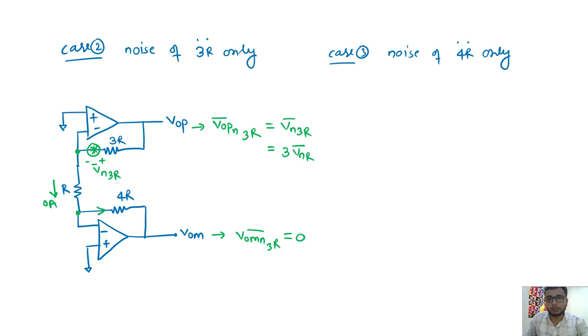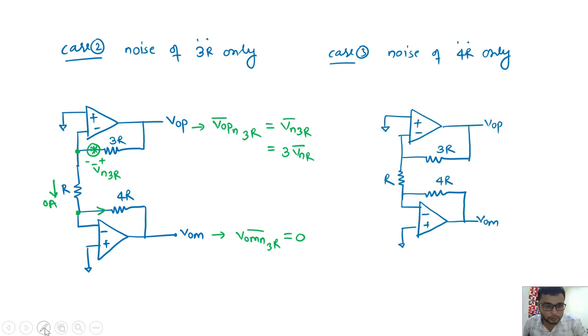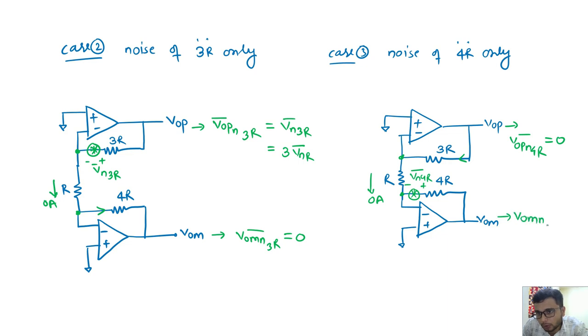Now for 4R, when only 4R is considered, we can also take any direction and write it as Vn of 4R. Since this node is ground and this node is also ground, there is no current in this, 0 ampere, so VOP noise due to 4R is 0. And what about VOM noise due to 4R?